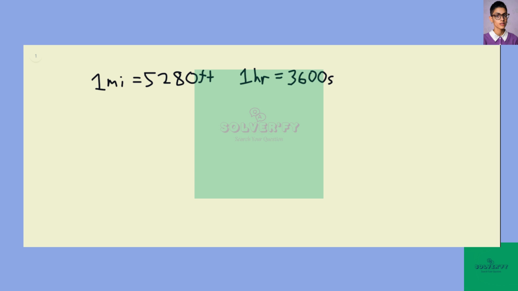And so our first task for part A of this problem is to convert 60 miles per hour into feet per second.